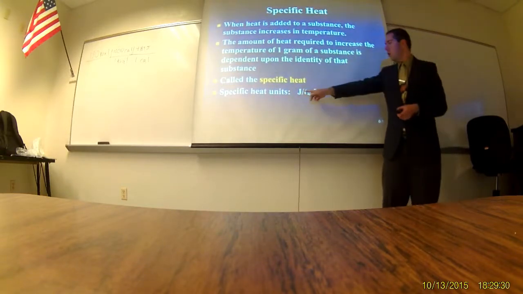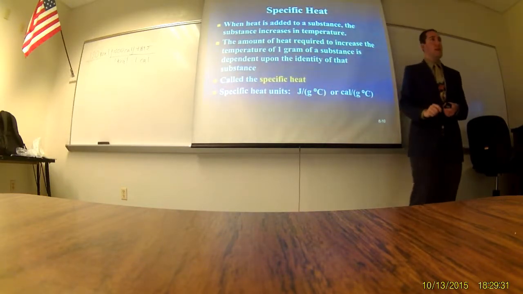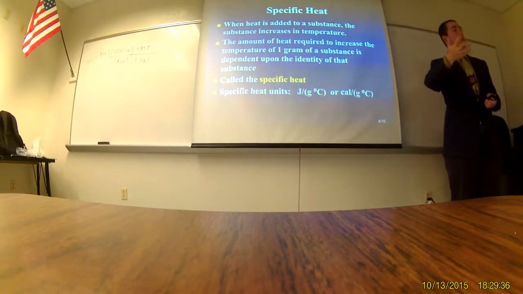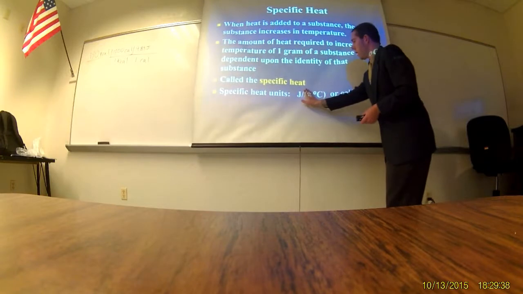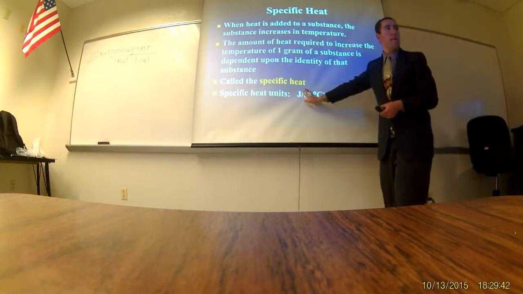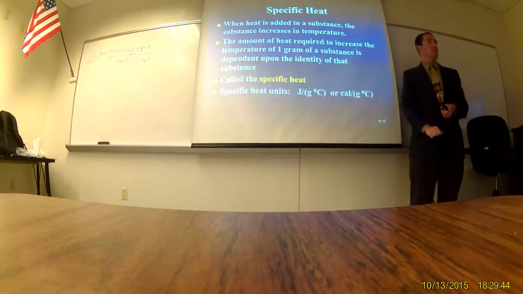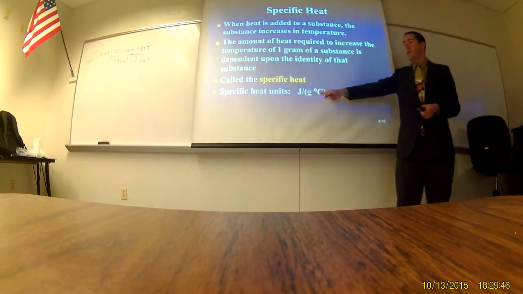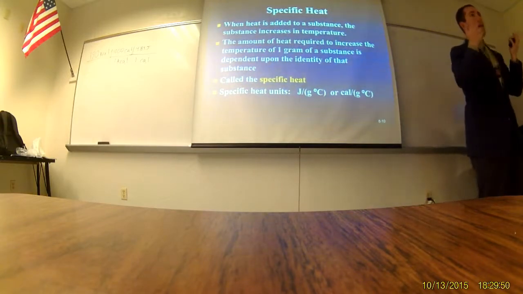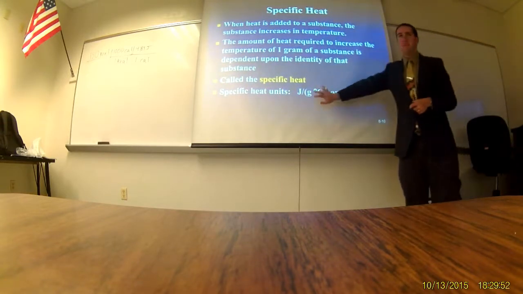And it's also how much heat per degrees Celsius that you want to change it. So if we ignore the gram, it's joules per degree Celsius. But both the mass and the temperature matter. So it's just joules per gram degree Celsius. So if you can think about it mathematically like that, these units make complete sense.